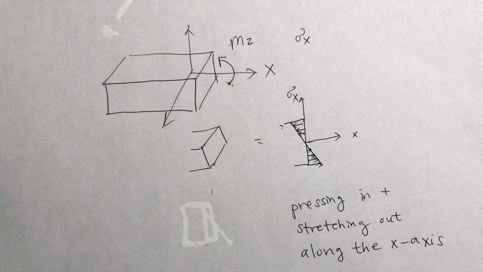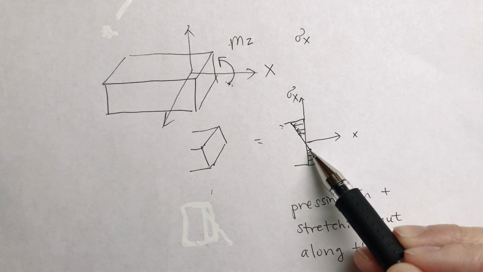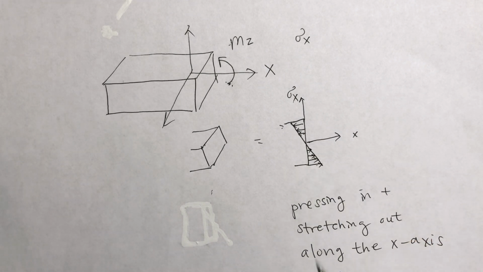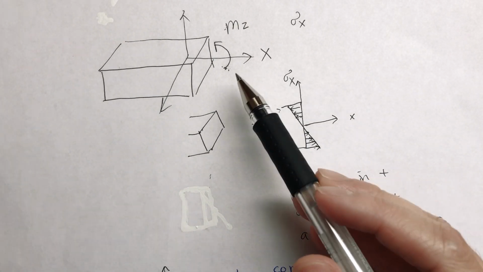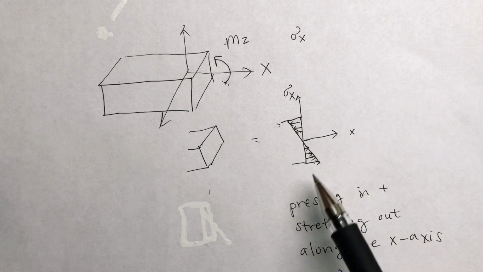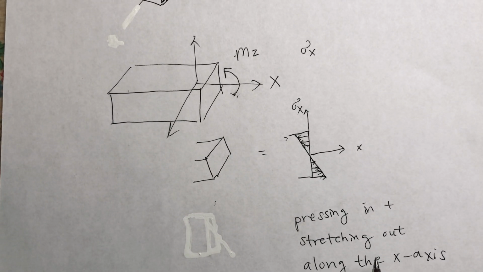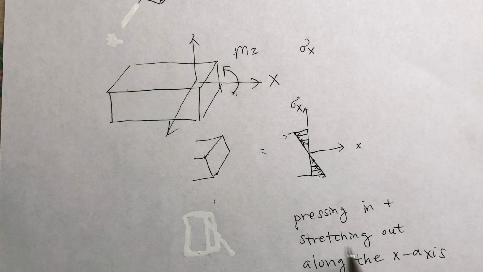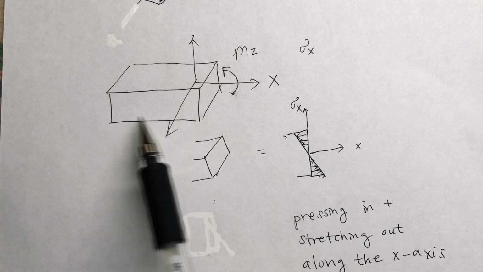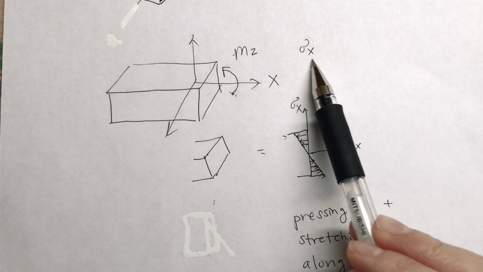You see here that the top half is in compression, the bottom half is in tension. This moment is going to cause pressing in along the x-axis and stretching out along the x-axis. So that's why it's stress x, because the stress is moving along the x-axis. So when the member is along the x-axis, you're going to be calculating for stress x.